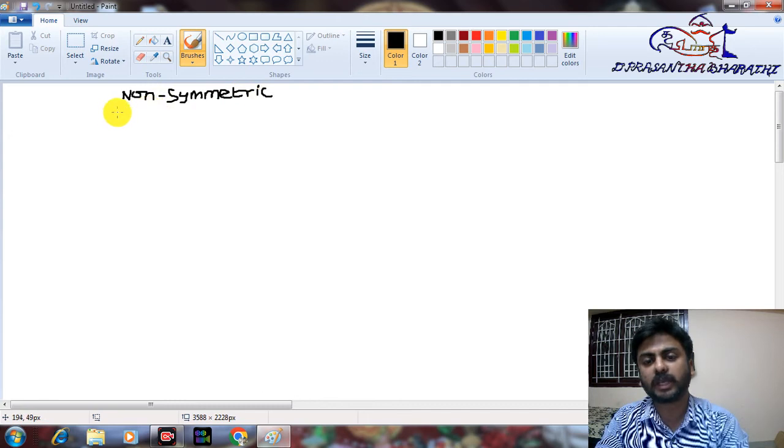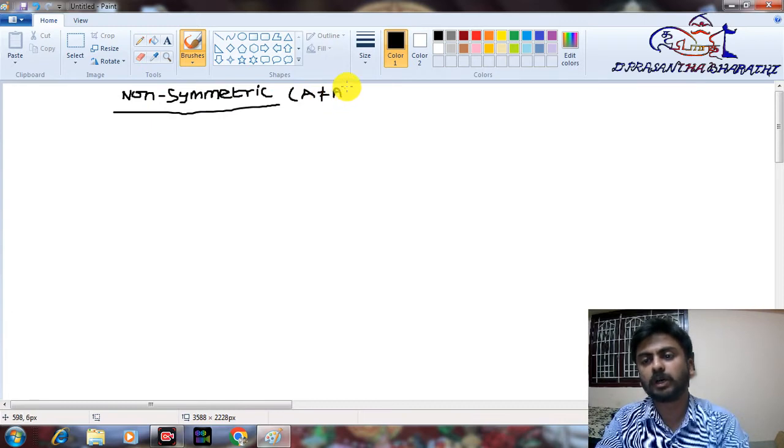Then what is symmetric? A symmetric matrix means the matrix which satisfies the condition A equal to A transpose. So here for non-symmetric, A is not equal to A transpose. Okay, so it is non-symmetric.